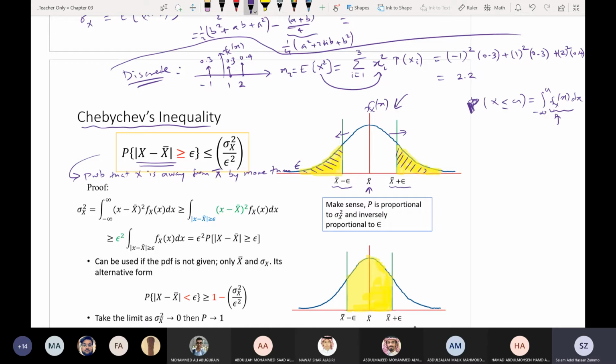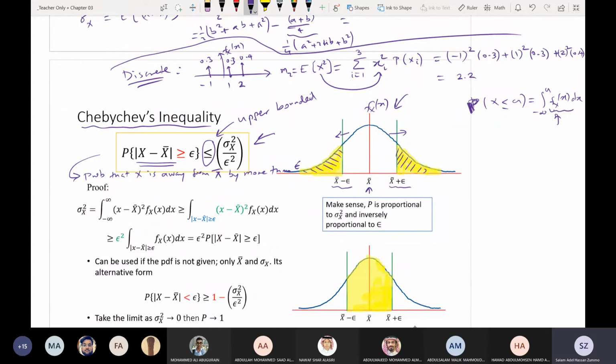It tells you that the probability that the random variable x is away from its mean by more than epsilon is upper bounded by sigma x squared, the variance, divided by epsilon squared. This is the way we read it: this probability is bounded from the top by the variance divided by epsilon squared.